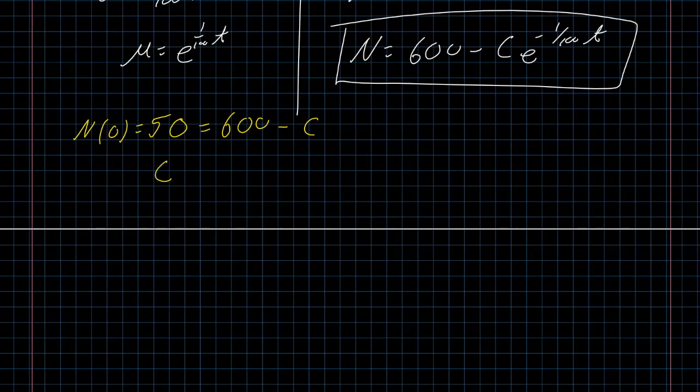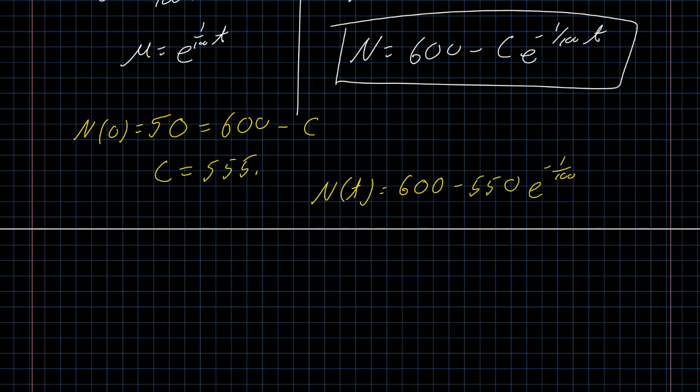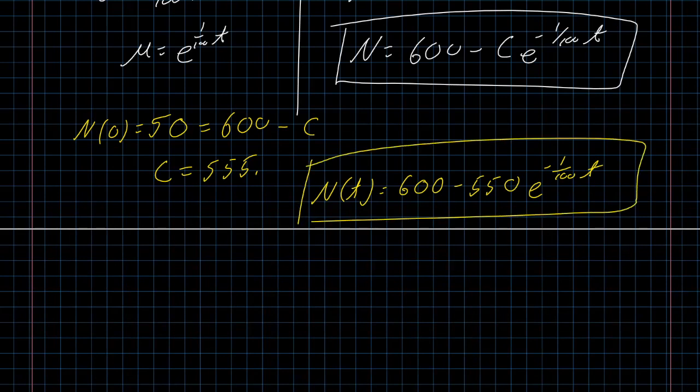Solving here gives me that c is equal to 550. And now I have my particular solution. N of t is 600 minus 550 times e to the negative 1 over 100 t.